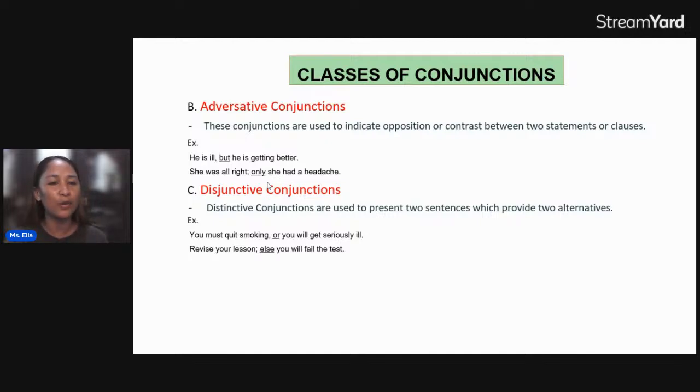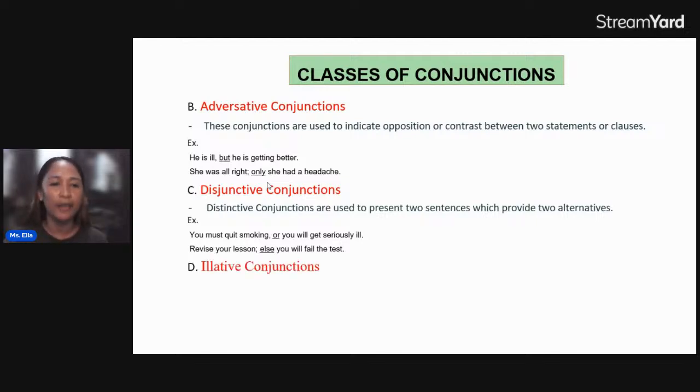So you must quit smoking, or you will get seriously ill. You provide two alternatives of what action the subject is going to take, right? Next we have, revise your lesson, else you will fail the test. So again, they provide two alternatives.